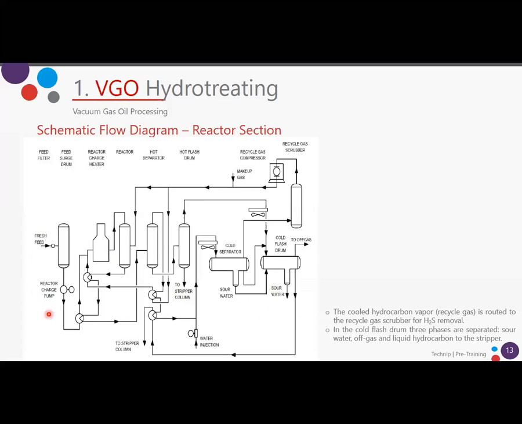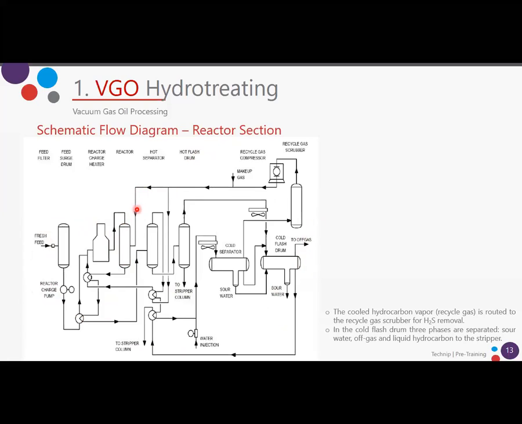So this is the first section of the unit, that is the reactor section. You heat the feedstock to the appropriate temperature to reach the desired temperature of the reactor.